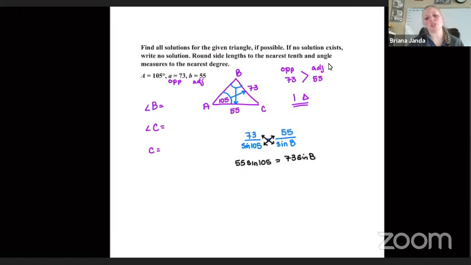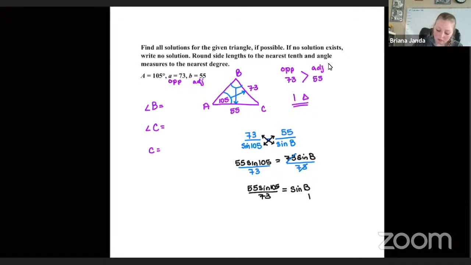And what happens is there's just a little bit more steps in solving for our variable B this time. First step would be to divide by 73. And so that puts us at the sine of B equals 55 sine of 105 over 73. And guys, I'm going to try to help us out and really streamline this.